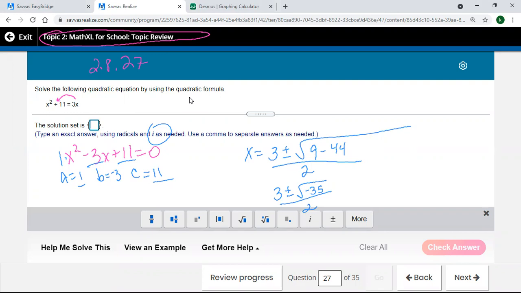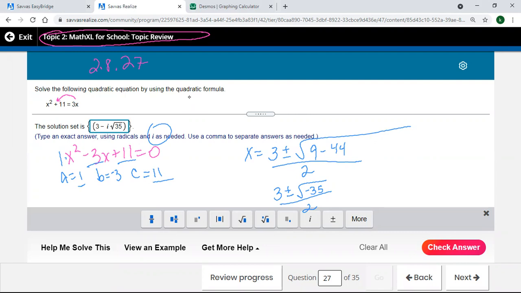So we'll do it like this, in parentheses, 3 minus the square root of 35, but in front of there I should have had an i. Hopefully you understood where I was getting that i from.